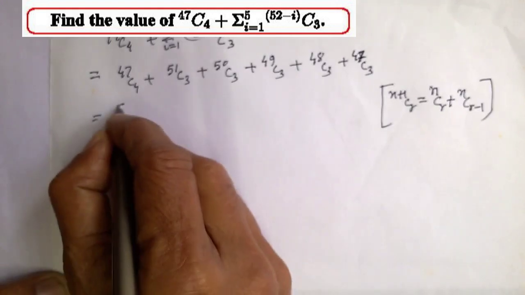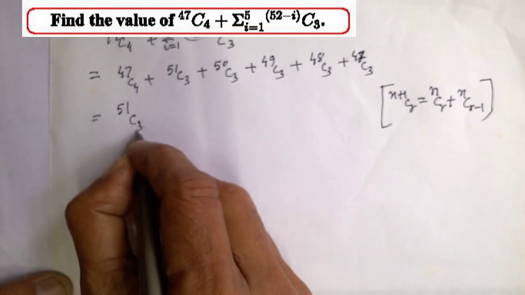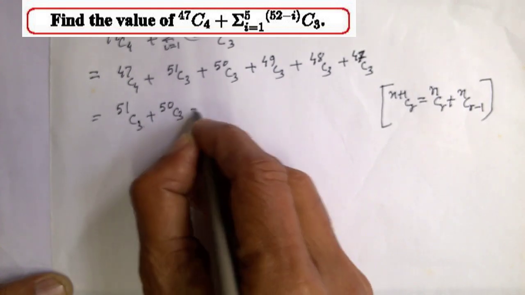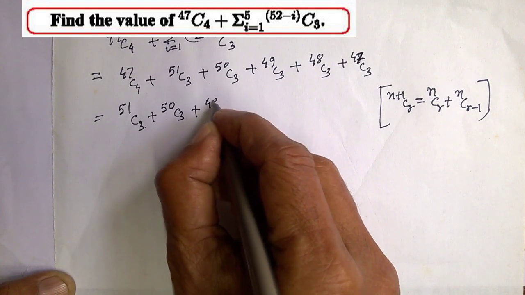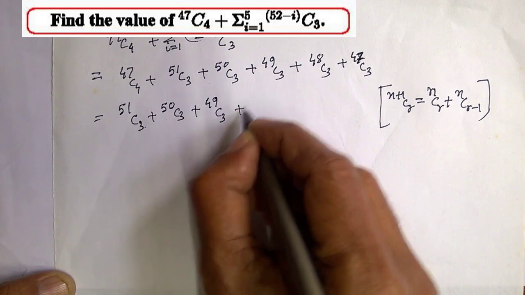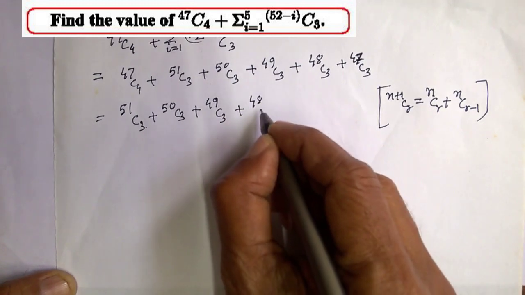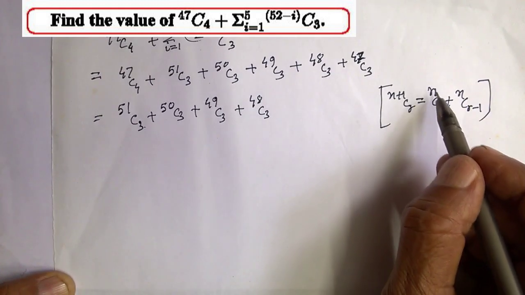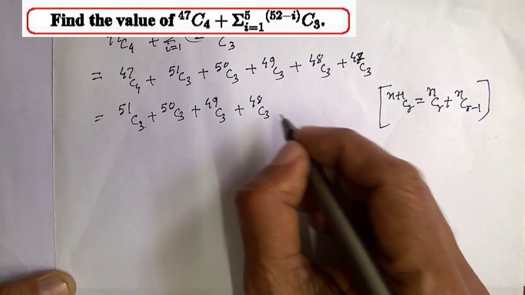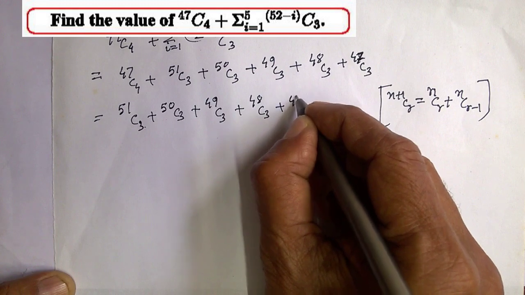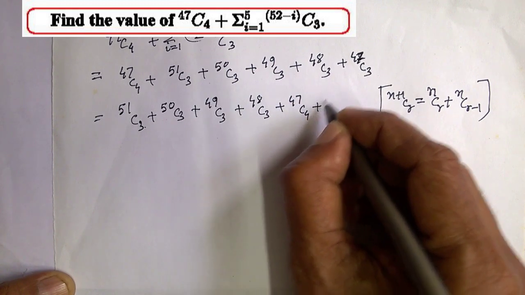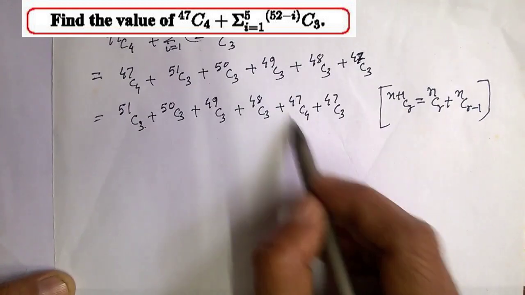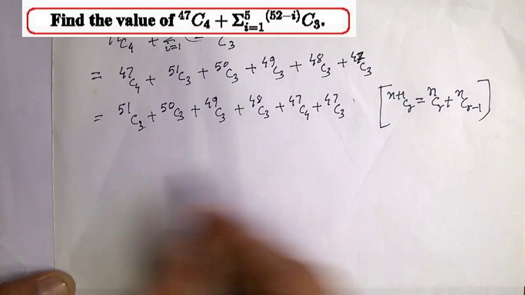First writing this 51. First writing nCR means 47CR, 47C4. Now compare these two with the right hand side, this.